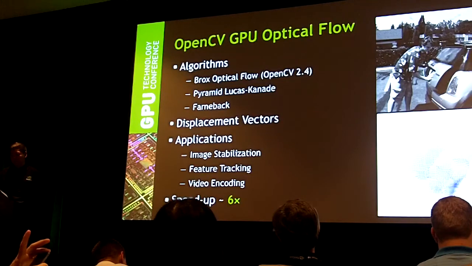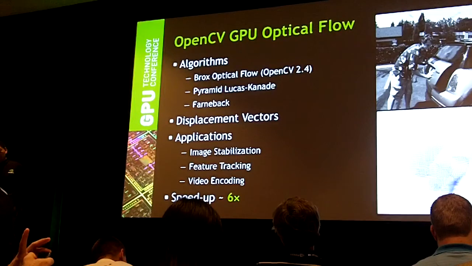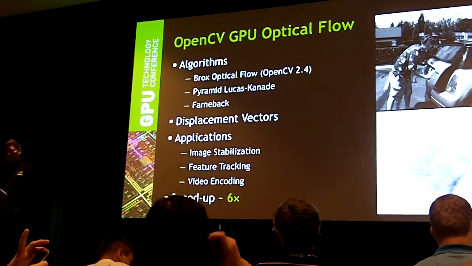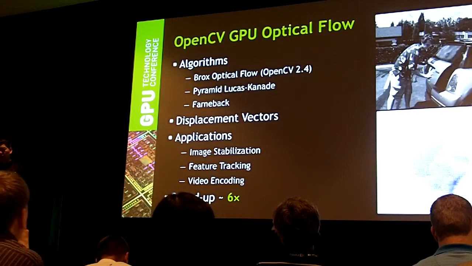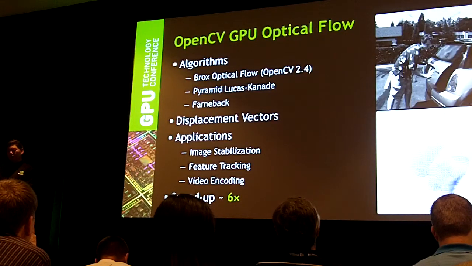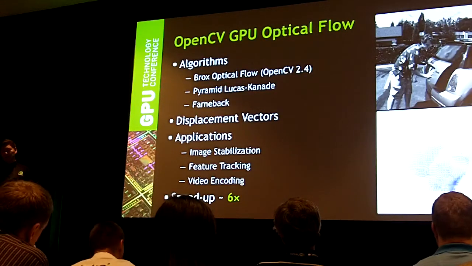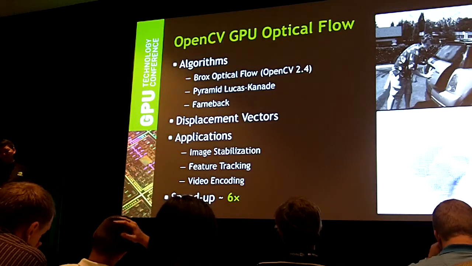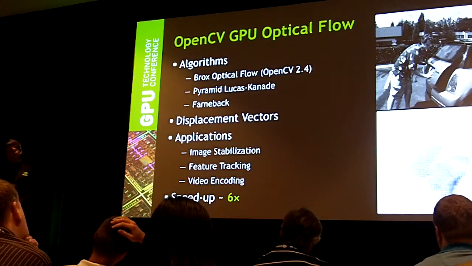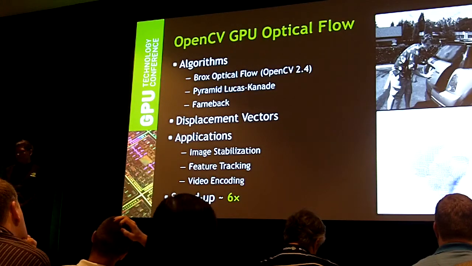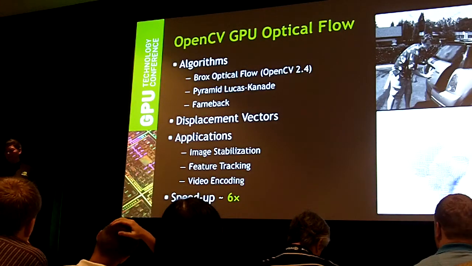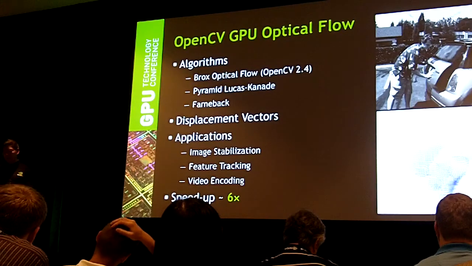Pyramid Lucas-Kanade is also a widely used differential method. It assumes that the flow is constant in a local neighborhood of a pixel, and it solves the equations for the pixel using the least squares criterion. By combining information from nearby pixels, the Lucas-Kanade method can often resolve the inherent ambiguity of the optical flow equation.